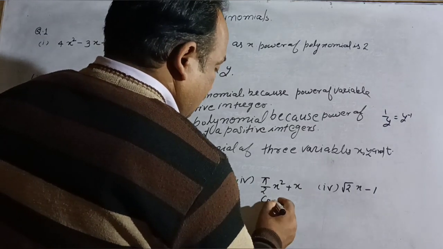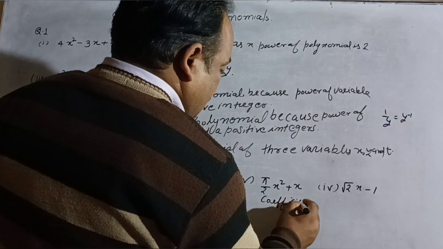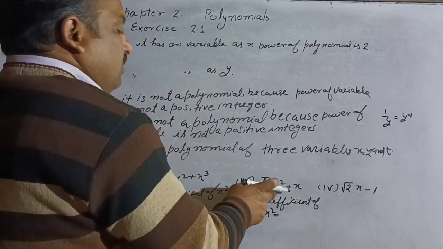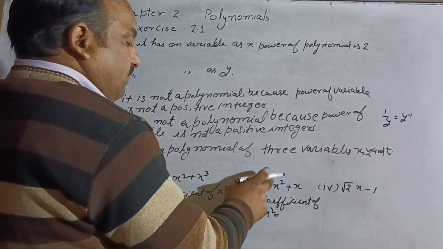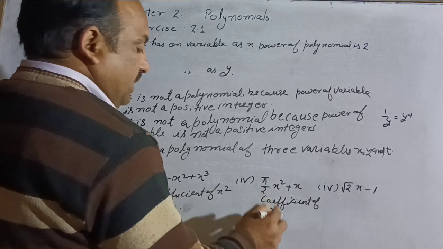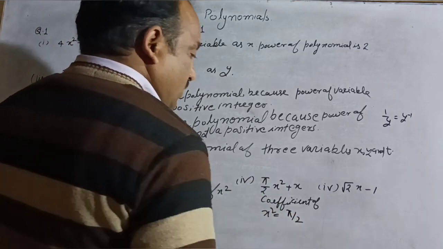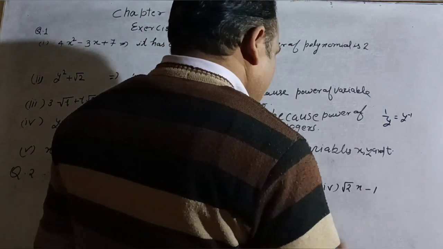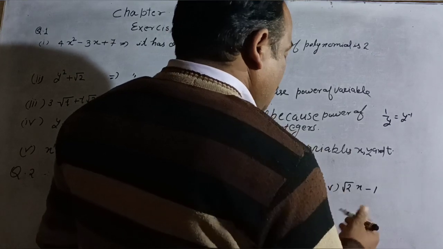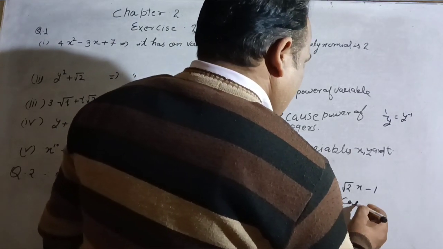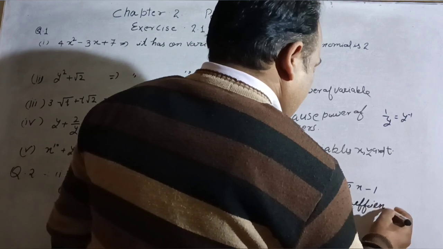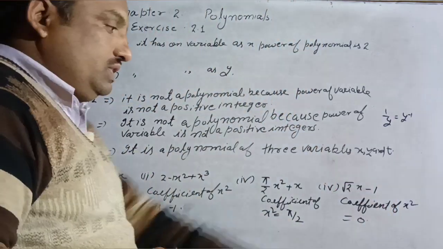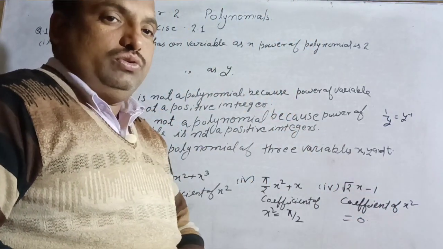Next, if you leave x square, we find here in multiplication form with x, pi by 2. It has no x square term, therefore the coefficient of x square is equal to 0.